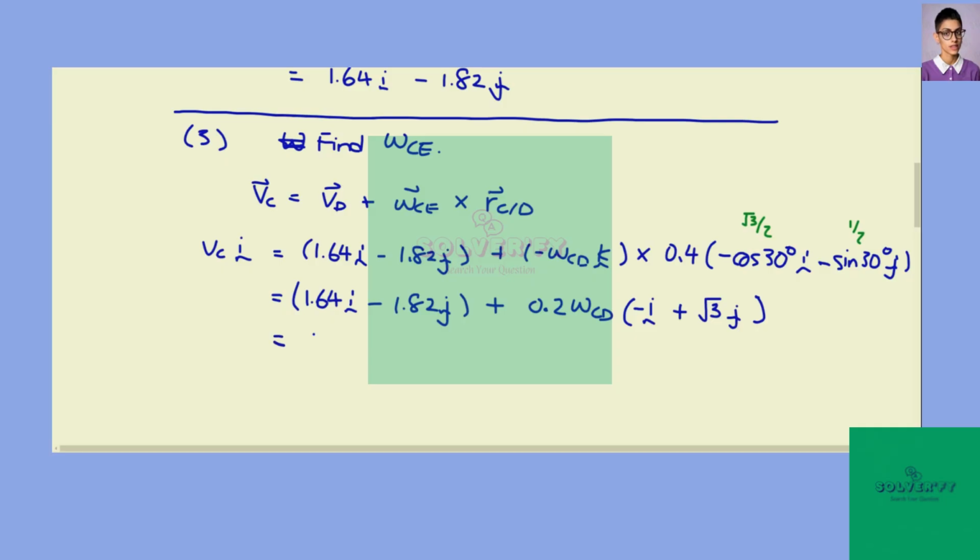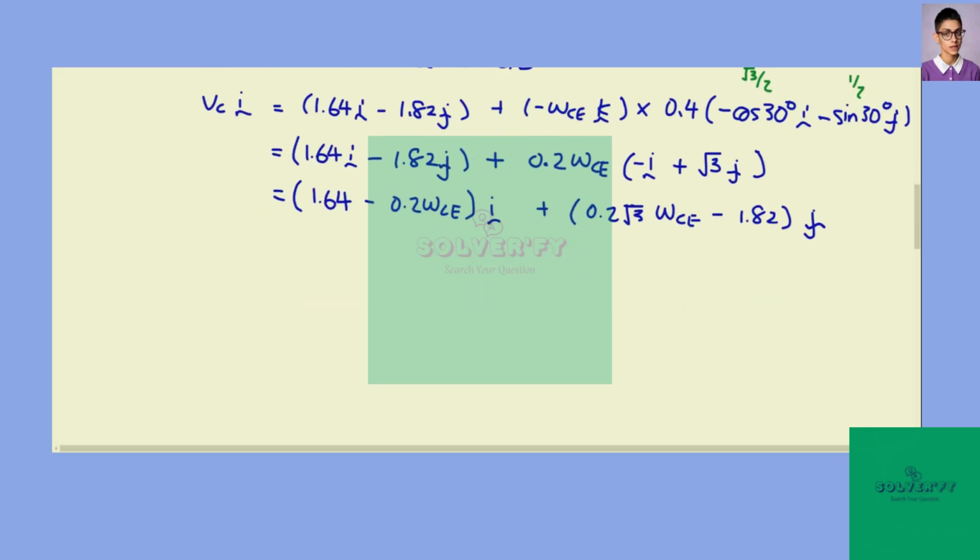Then we have 1.64 minus 0.2 omega CE I, plus 0.2 root 3 omega CE minus 1.82 J.